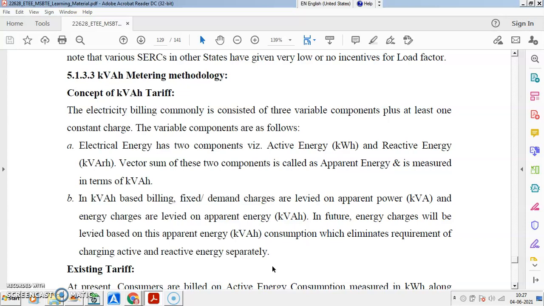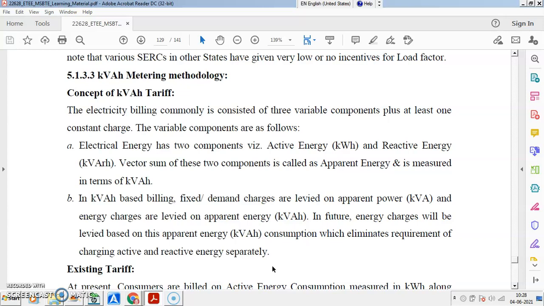So if kVAr reactive is charged, that will be an addition to your bill, that is, instead of incentive it will be your penalty. Then what you have to do is reduce kVAr and improve the power factor. So that is what you have to think.